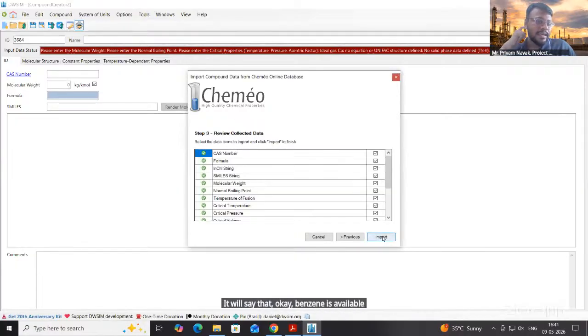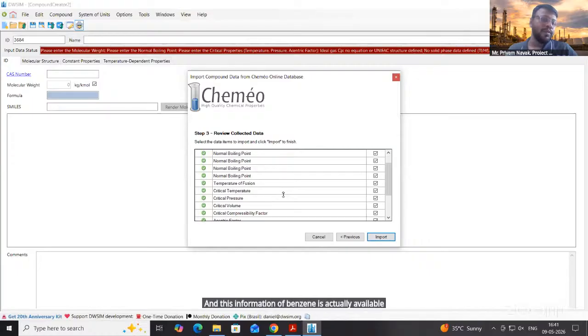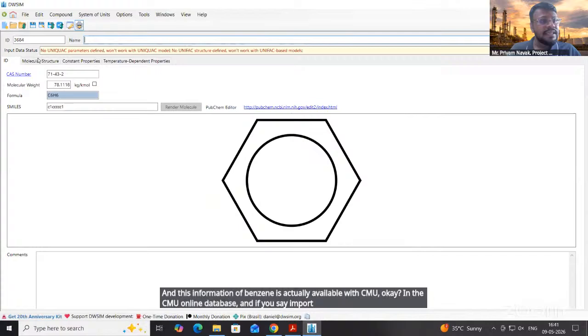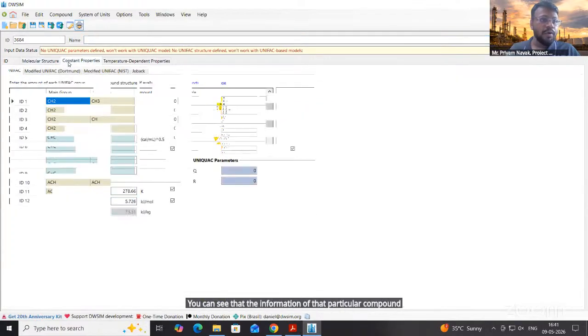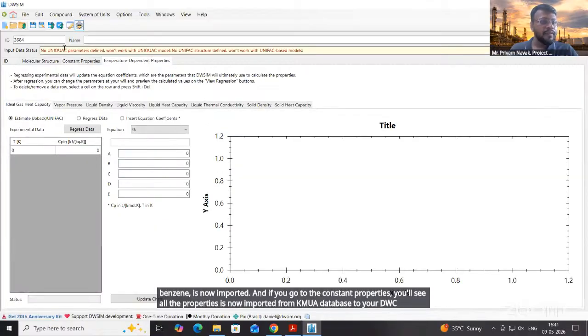Say next. This information of benzene is available in the Cameo online database, and if you say import, you can see that the information of that compound, in this case benzene, is now imported. If you go to the constant properties, you'll see all the properties are now imported from the Cameo database to your DWSIM.